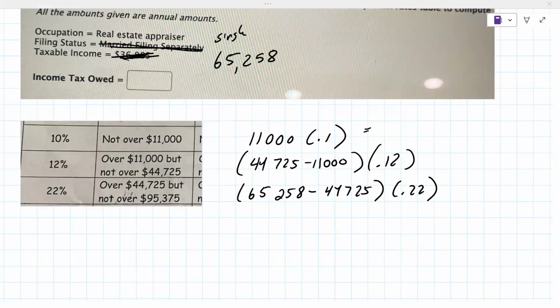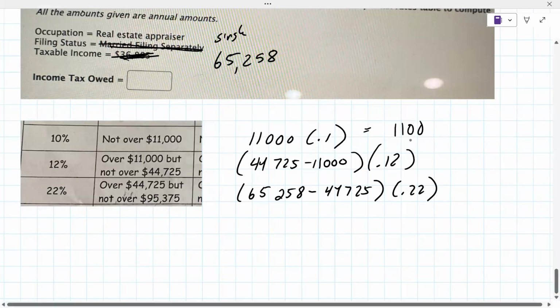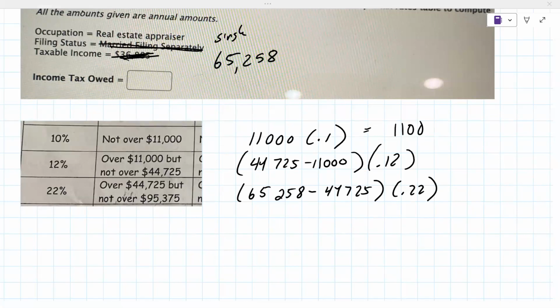The first one I got 1,100. The second one I got 43,405. Same thing, 4,047 on that one. I didn't put the parentheses, that's why. Yeah, now I got that.